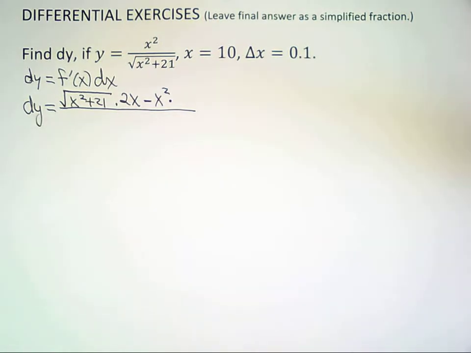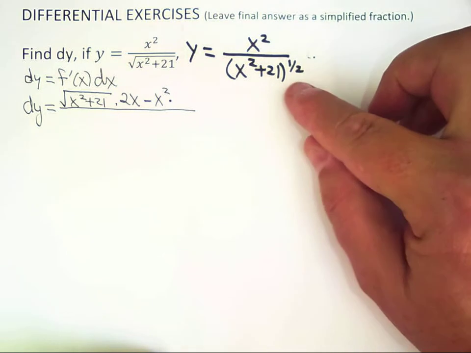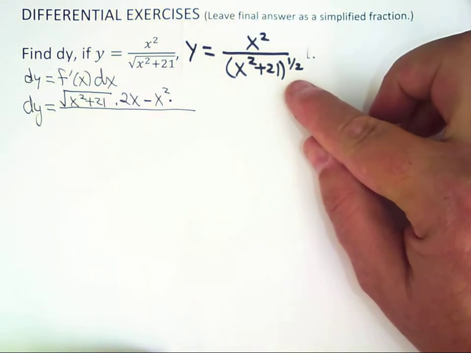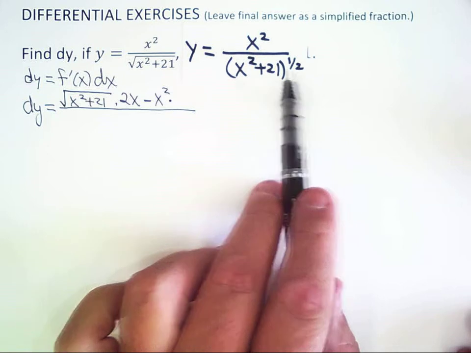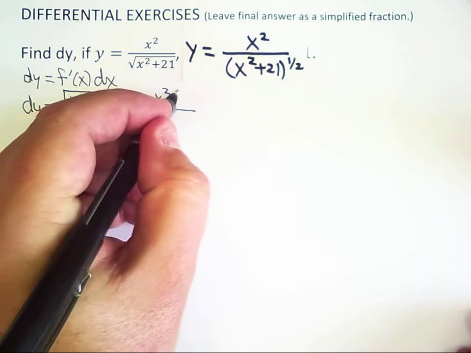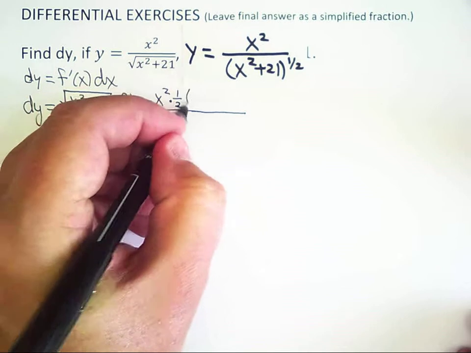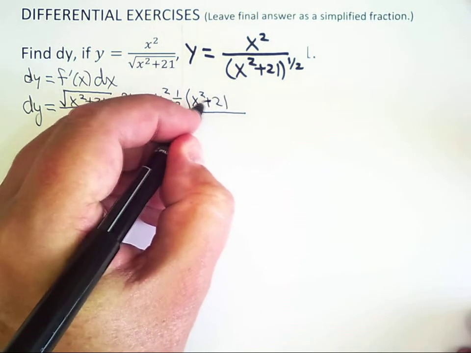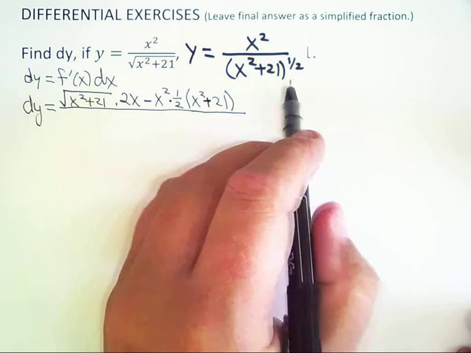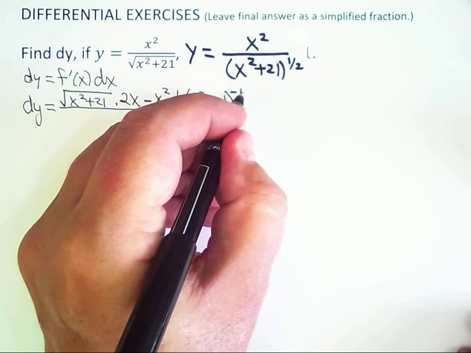And I'm hoping you can do a lot of this without writing things out explicitly now if you've had enough experience. But just to remind you, that square root in the denominator is really a 1/2 power. So the derivative is going to be 1/2 times 1 is 1/2. Write the base down, x squared plus 21, and subtract 1 from the exponent. 1/2 minus 1 is negative 1/2.